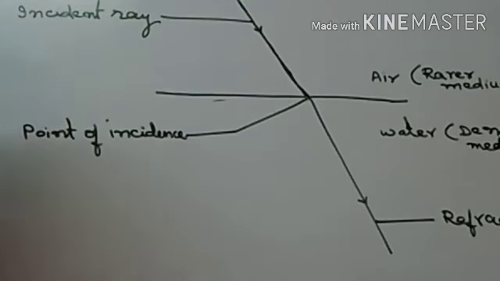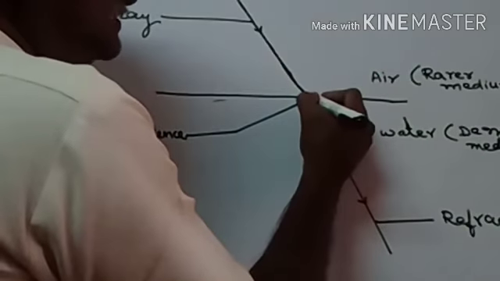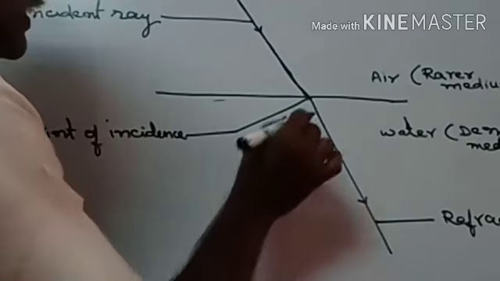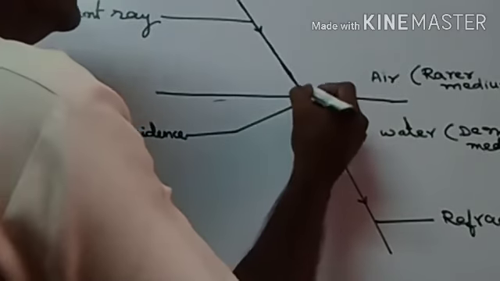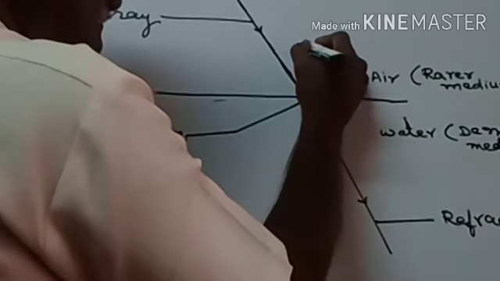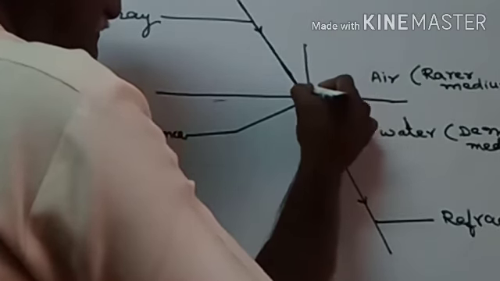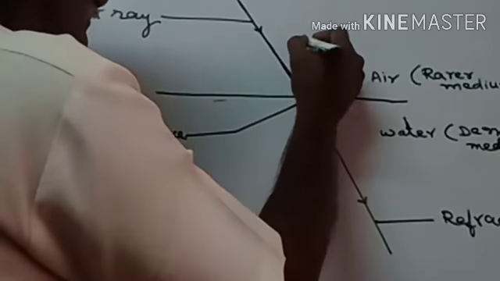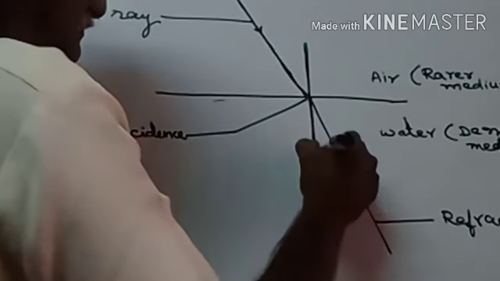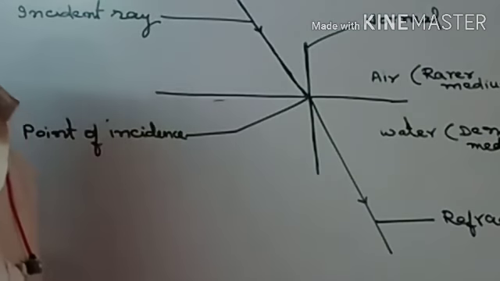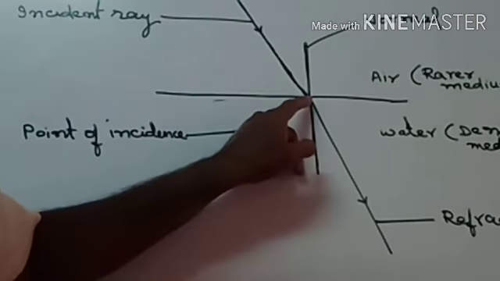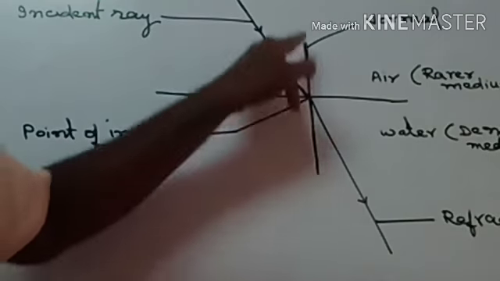Okay. Now, at this point, the point of incidence, draw one normal line. This is a normal. So at the point of incidence, one normal line is drawn.